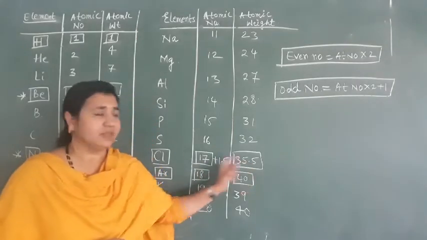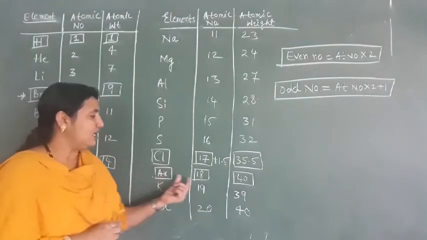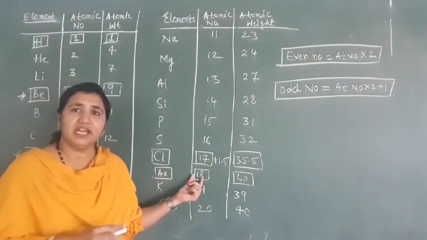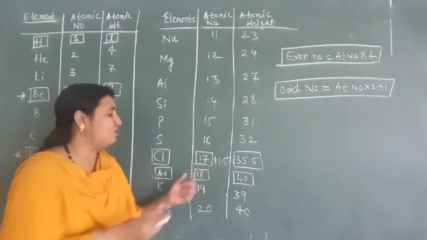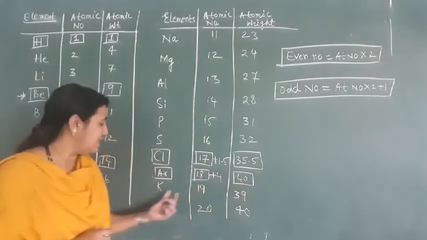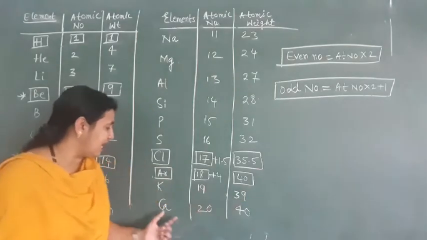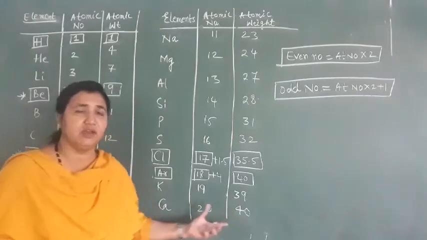Next is argon, atomic number 18, 18 2s are 36, plus 4, it becomes 40. Potassium 19, 19 2s are 38 plus 1, 39. Calcium 20, 40.